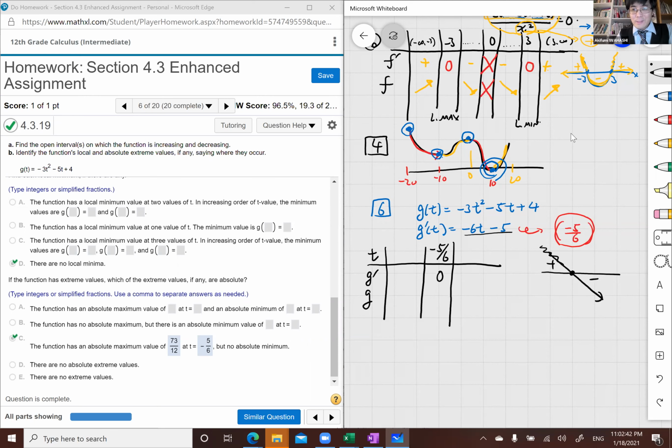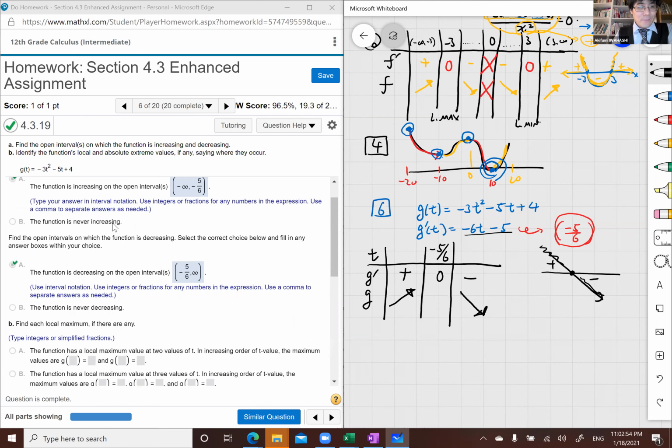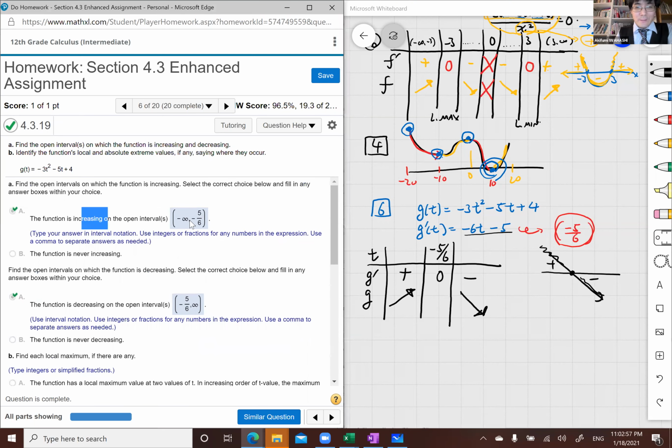So the graph is increasing here and decreasing here. Now look at the answers. So the first question: the function is increasing on the interval from -infinity to -5/6. And it's decreasing on this interval.